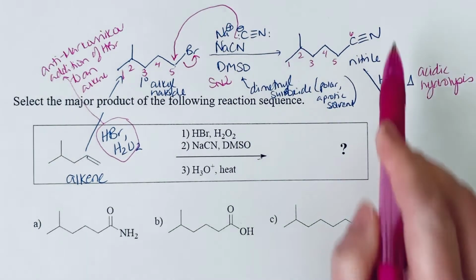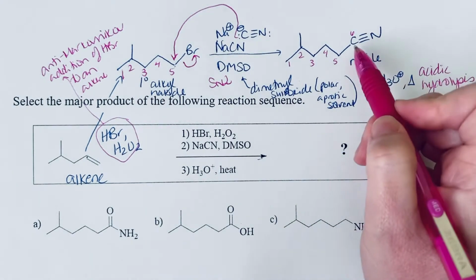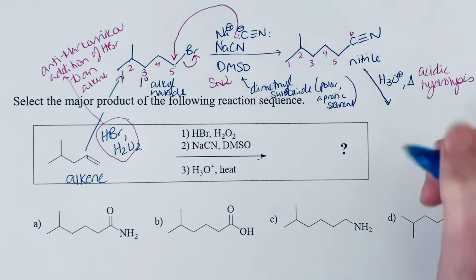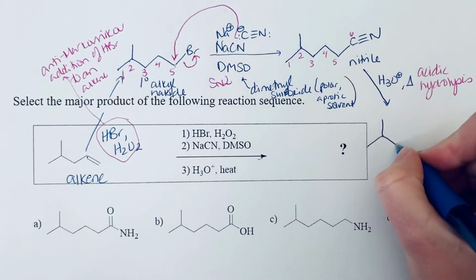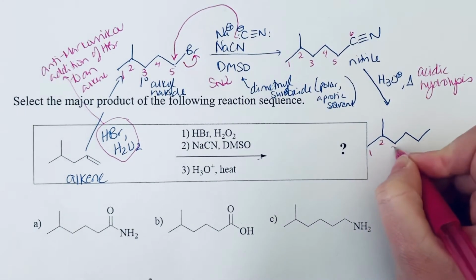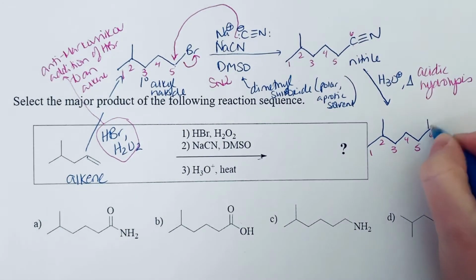And so nitriles, like all carboxylic acid derivatives, can be hydrolyzed to give the carboxylic acid. So this carbon atom 6 is where the water is going to add, and that will become the carboxylic acid carbon. So let's number to make sure we have the right number. And 6, so that's going to be where the carboxylic acid is.